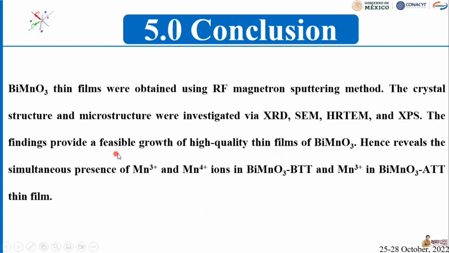The findings provide a viable growth of high-quality thin film of bismuth manganese oxide, and reveal the simultaneous presence of Mn3 plus and Mn4 plus ions in bismuth manganese oxide in the sample without ex-situ thermal treatment, and Mn3 plus in the sample with ex-situ thermal treatment.